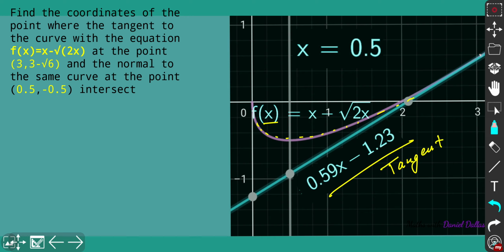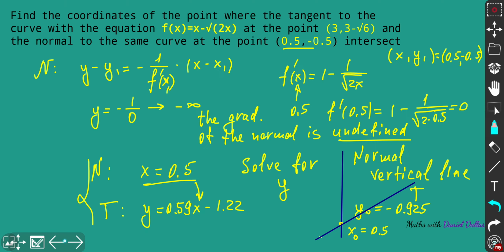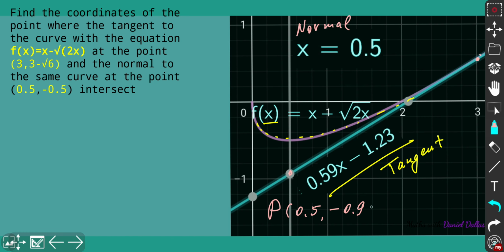So this is the tangent, and here is the normal line, with the equation x equals 0.5. And here is the point of their intersection, point P with the coordinates 0.5 and negative 0.925.